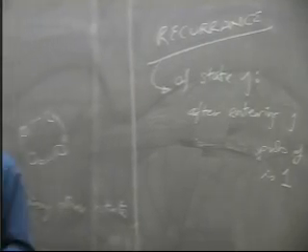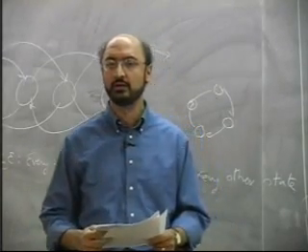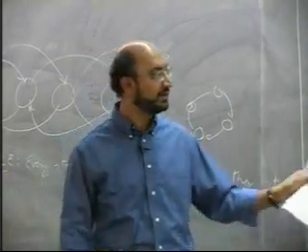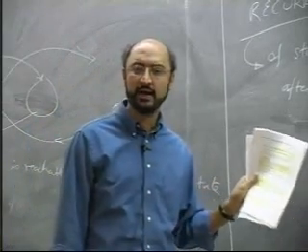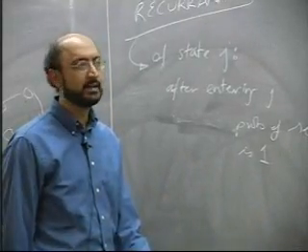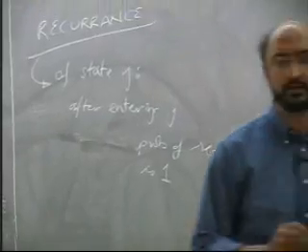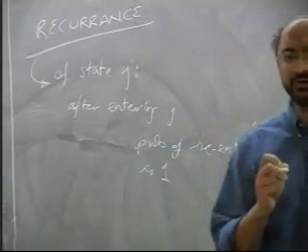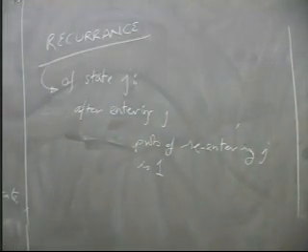Are we constrained that every sample path must return to j? If you're saying probability is 1, that means every sample path must return. It's conditioned on being at state j. I don't believe that's true. Let me check on that, because my understanding of recurrence is that there is a non-zero probability. Let me get back to you on that, because I don't want to give a wrong answer here.